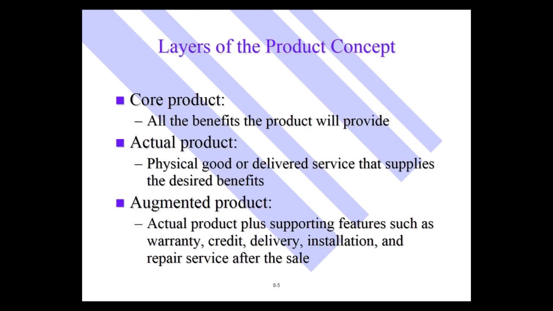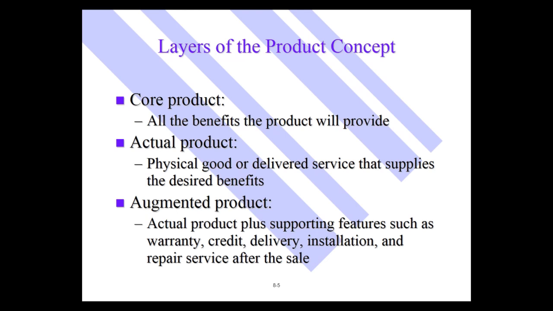There's the core product. Now, those are all of the benefits the product will provide. There's the actual product, the physical good or delivered service that supplies the desired benefits, and the augmented product, the actual product plus the supporting features, credit, warranty, delivery, installation, whatever.